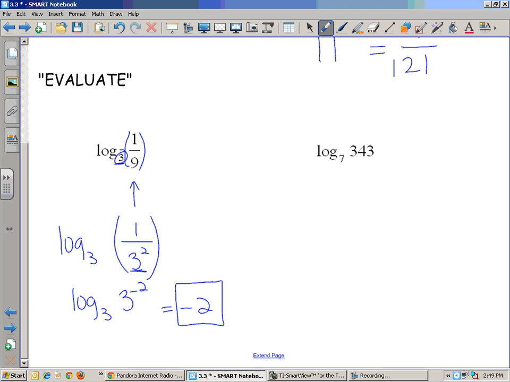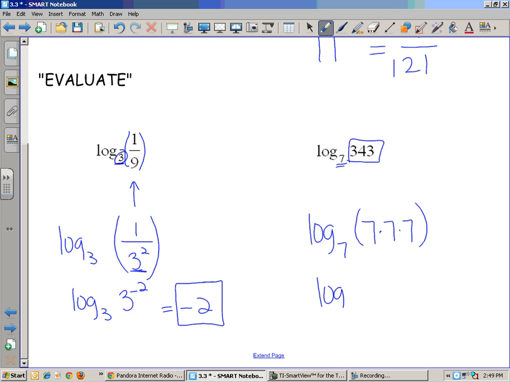I cannot do this on my calculator. I have to be able to do this. And this would be a baby step number 1 problem because I don't need to know anything but Algebra 1 to simplify that. Okay? So now I'm going to come over here and I'm going to rewrite 343 in terms of 7. So log base 7 of 7 times 7 times 7. That's really what I have.